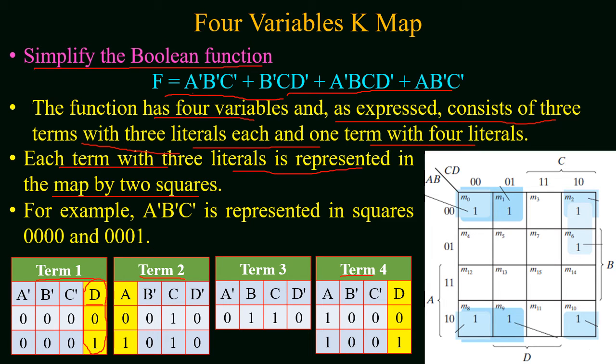In the second term, variable a is missing, and in the last term, variable d is missing. Both variables will be introduced in the corresponding minterms with a value of 0 and a value of 1. And the resulting minterms will be placed on the map as shown in the figure.